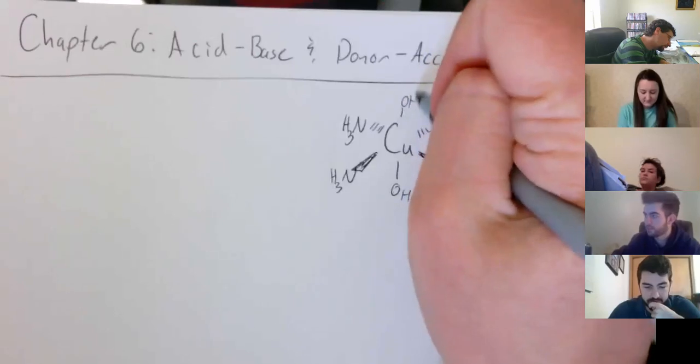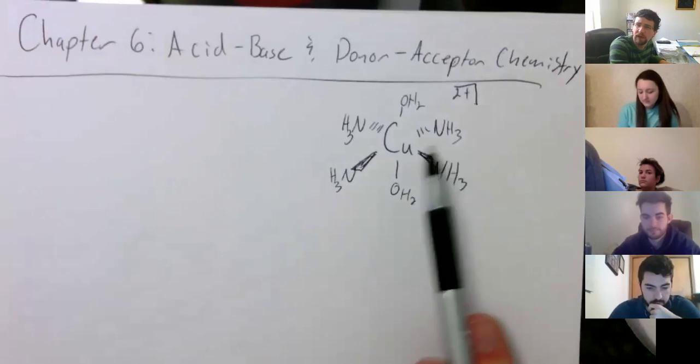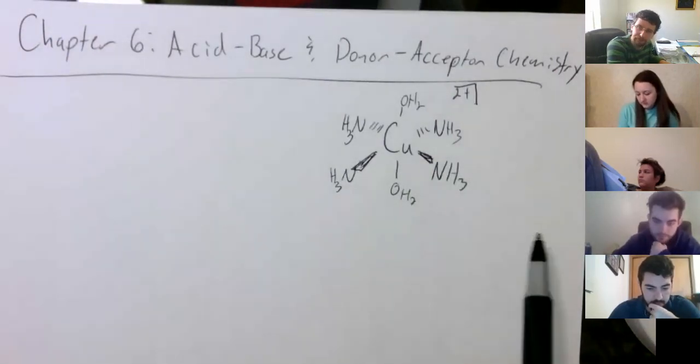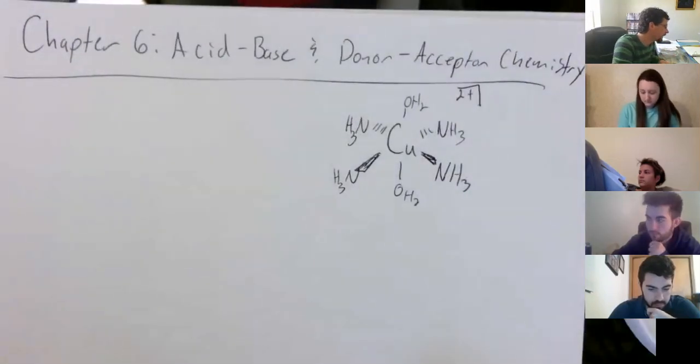Copper, transition metal. Like that. So what do these bonds mean? How does this happen? We're going to talk a little bit about that, or at least how to lead into that sort of stuff.